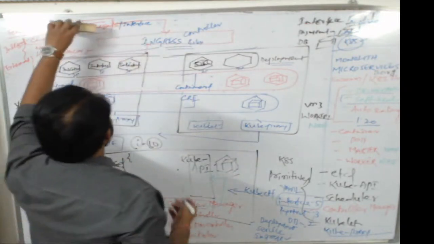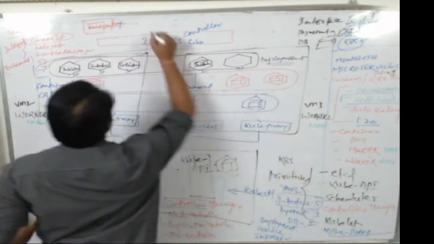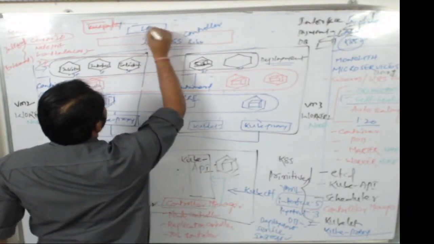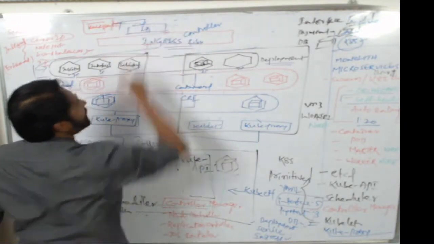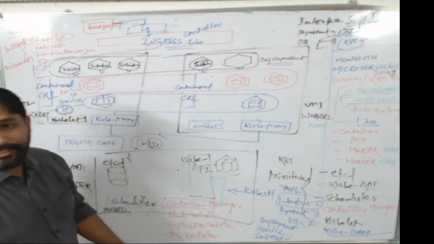So what we have is external users, and then a load balancer. The load balancer will redirect it to the ingress controller.